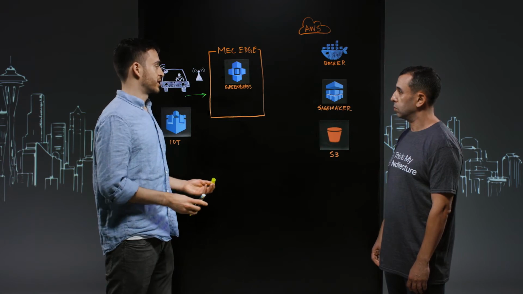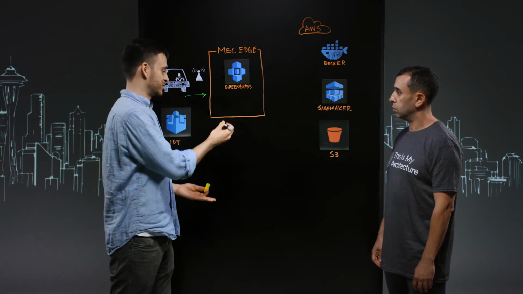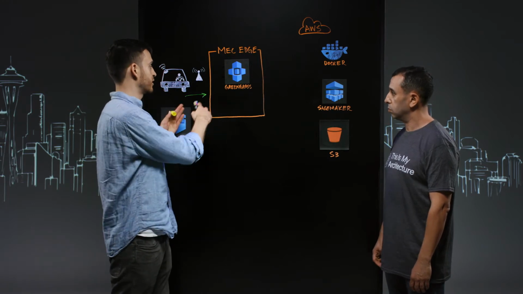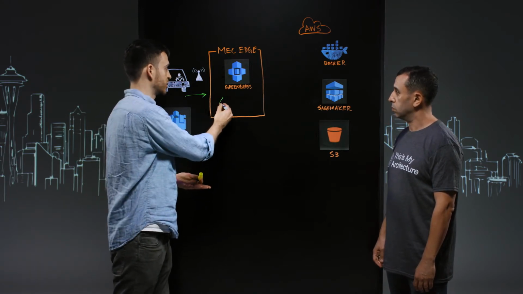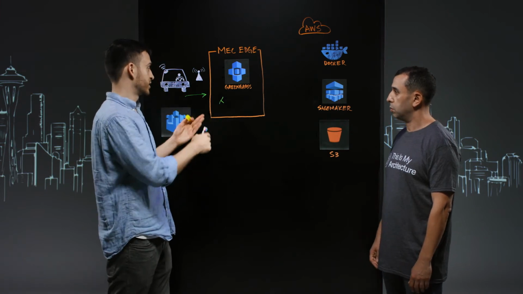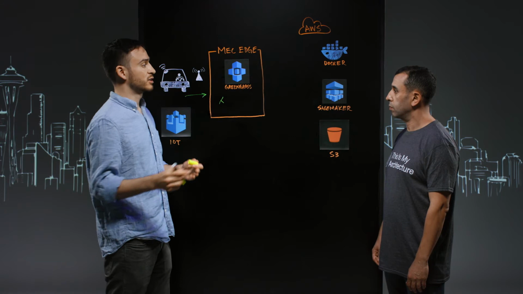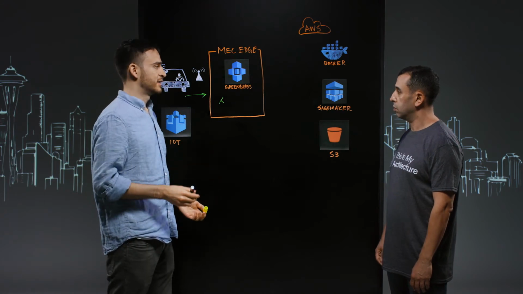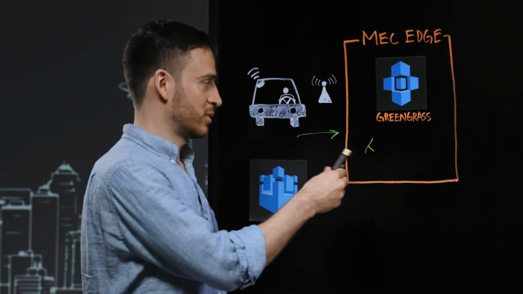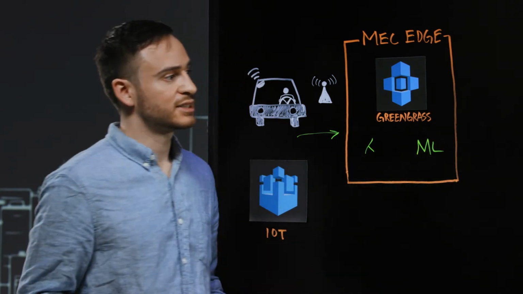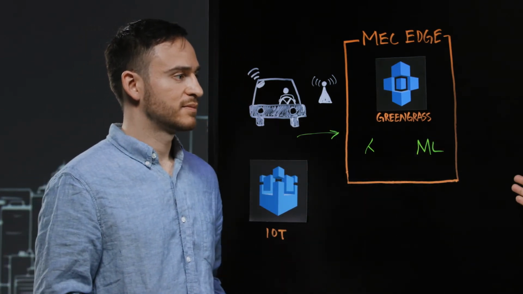What we get with running Greengrass on these edge devices is the ability to, just like the IoT cloud, take our events and run them as triggers. So run trigger Lambdas that kick off other processes or aggregate data. And of course, what we're doing is kicking off a machine learning inference process, which is also at the edge.